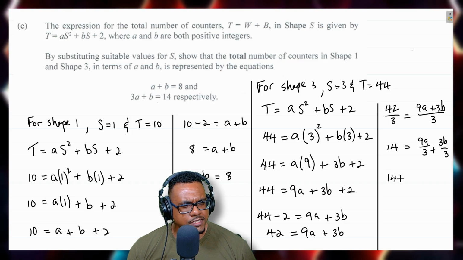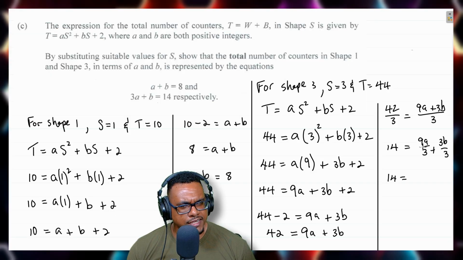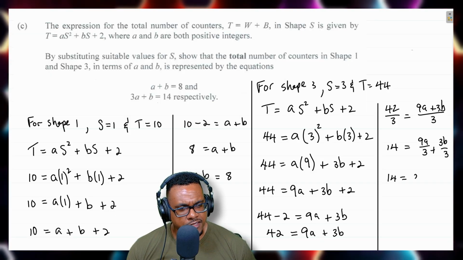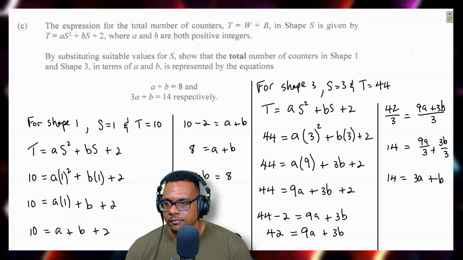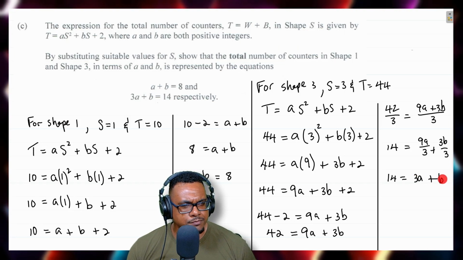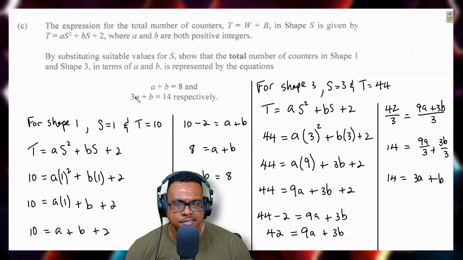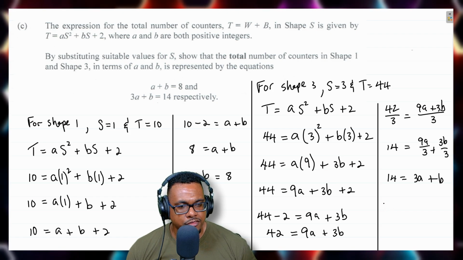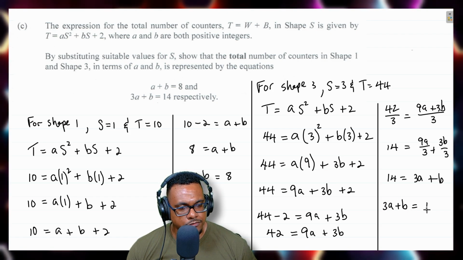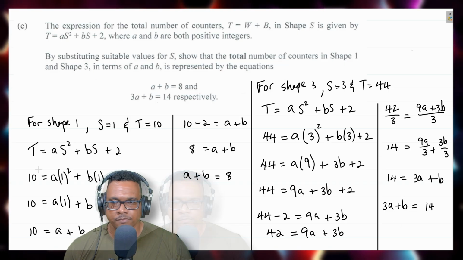So we have 14 is equal to, the 3 and the 9 cancel and give you 3, so you have 3A. And the 3 and the 3 cancel, so we remain with B, so that's plus B. Now we have 3A plus B is equal to 14, which is exactly this. So you can just write it that same way, with the 3A plus B first, and then equal to 14. And there you have it.